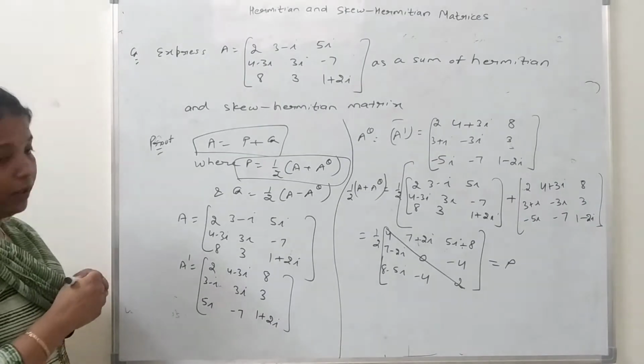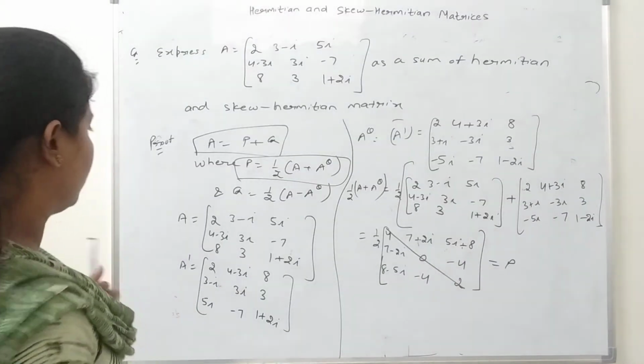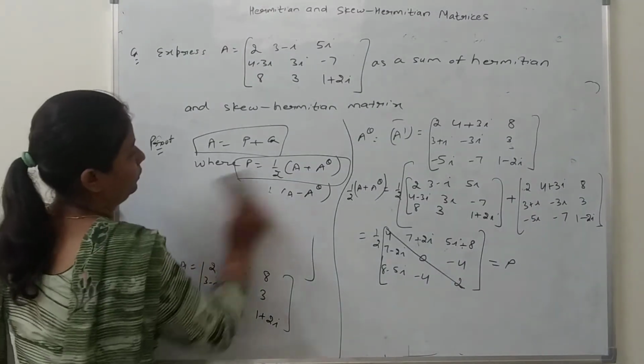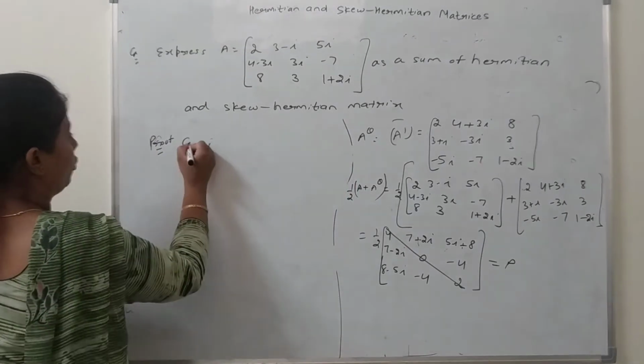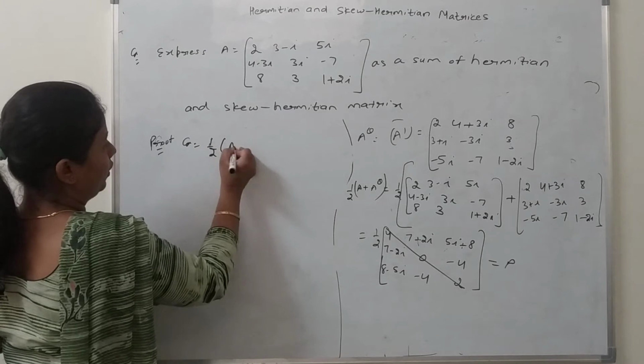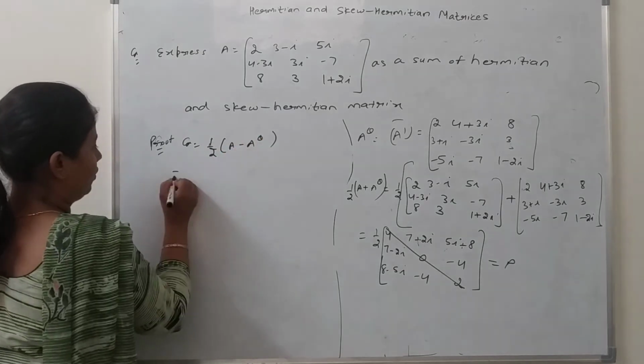Now we will find A minus A theta. Q is half A minus A theta. Half.